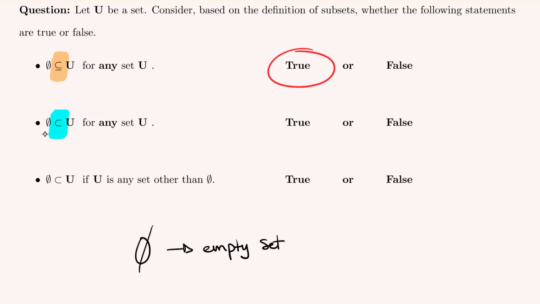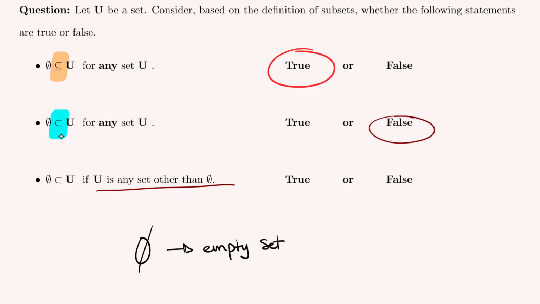The second statement is: the empty set is a proper subset of any set. The third statement says the empty set is a proper subset of any set, provided that the set is not the empty set. Our second statement would be false, because we don't know that it's a proper subset of any set, because what if the set happens to be the empty set?